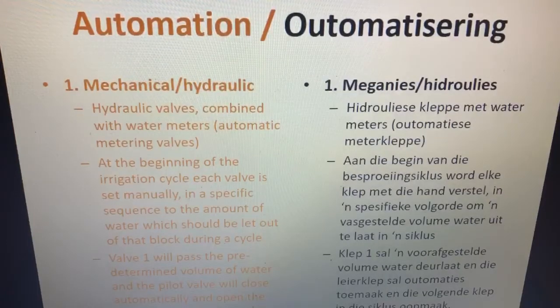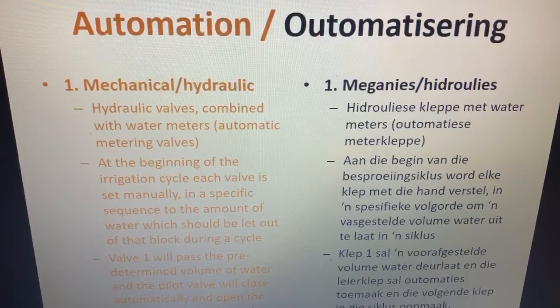If you look at the mechanical, hydraulic kind of system, you've got hydraulic valves combined with water meters. At the beginning, when you are starting to irrigate your block, you can set a certain volume that needs to pass through your valve, and after that volume has passed through one valve, the valve will close and you'll move on to the next block.